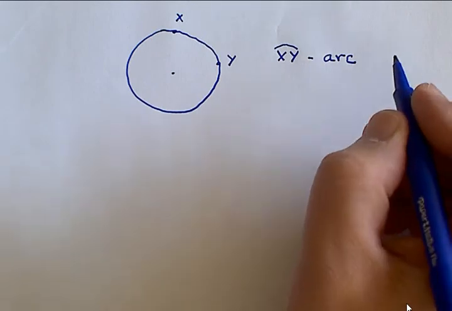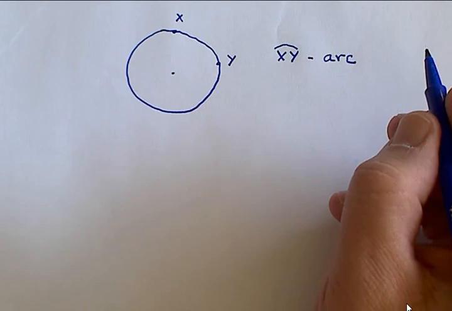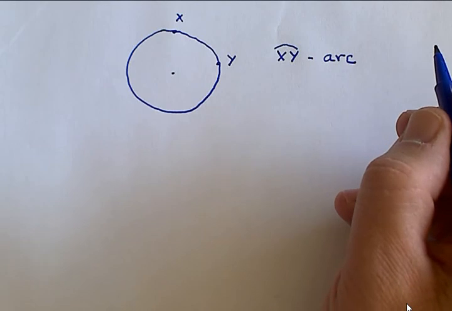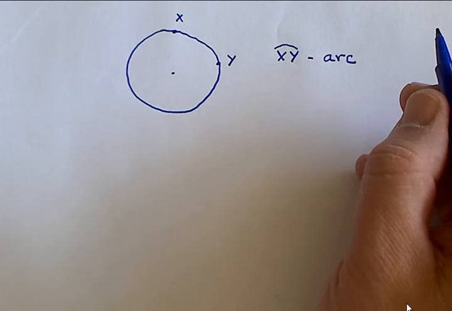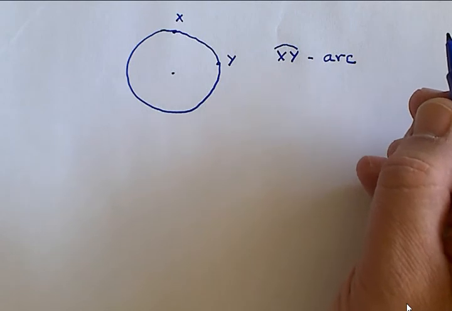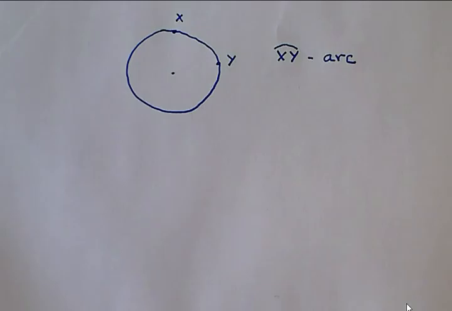Okay, now when we talk about arcs, there are two things that we can do. We can find the measure of an arc, or we can find the length of an arc. Arc length is something that we're going to save for another time. What we want to look at here is what are the different kinds of arcs that can occur in a circle, and how do we find their measure?